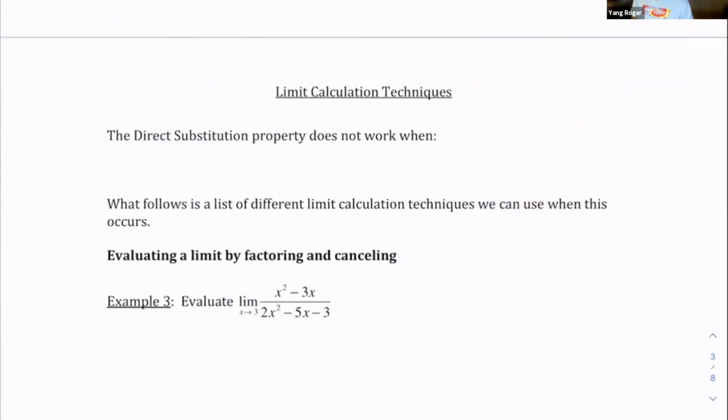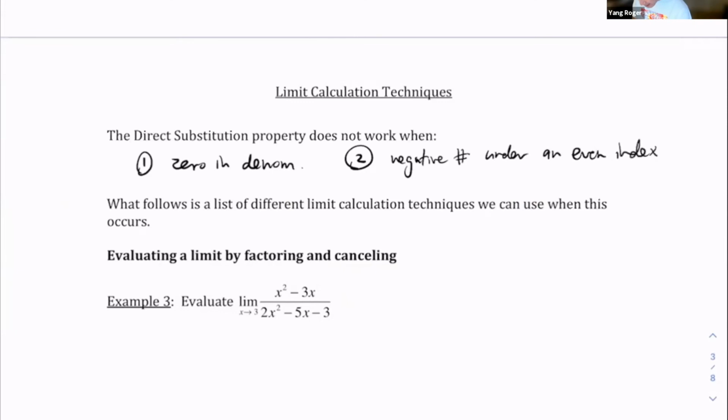Direct substitution property does not work when we have a 0 in the denominator. And the second situation is when you have a negative number under an even indexed radical. Okay, so the way we write that is we write it like this.